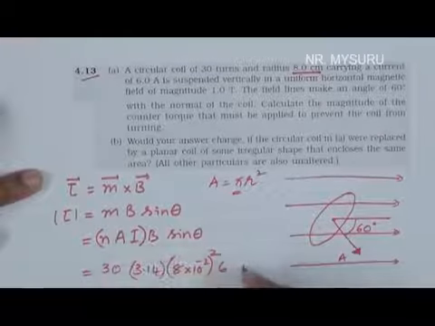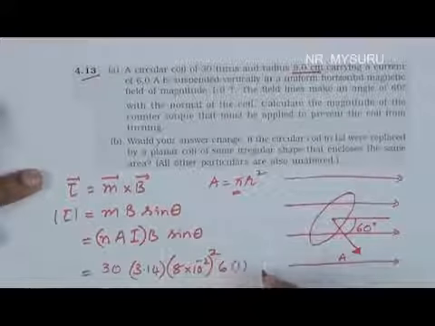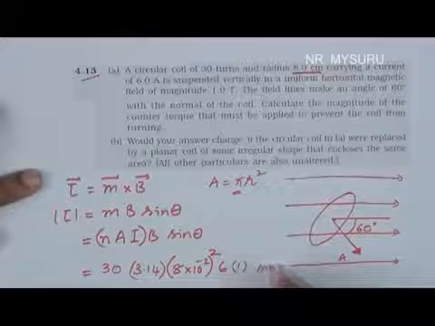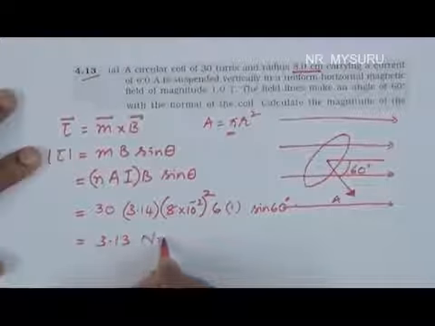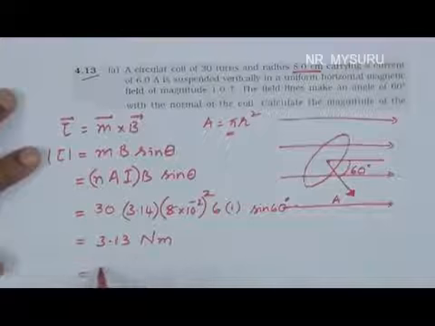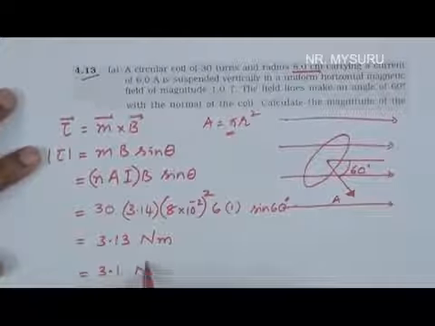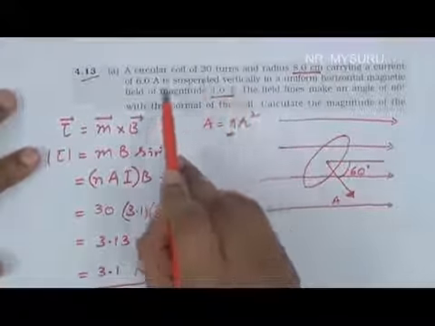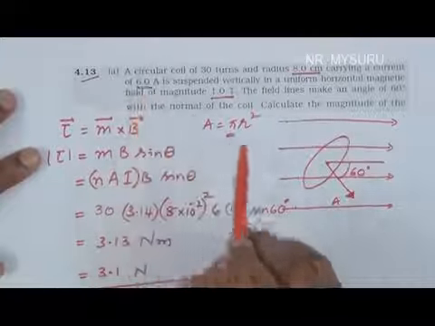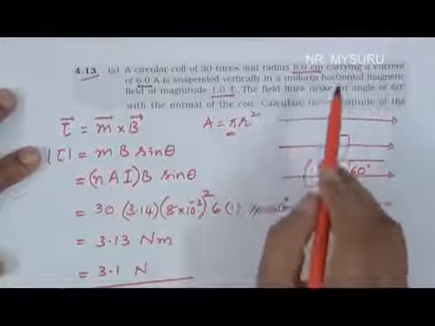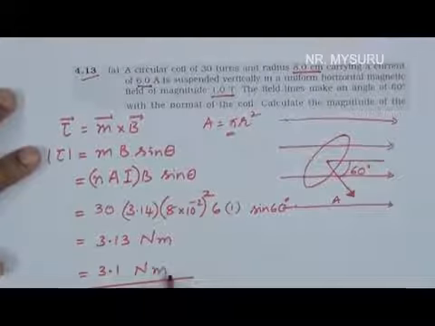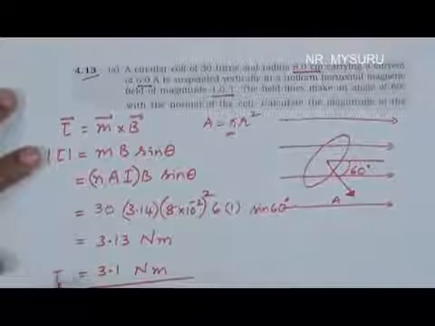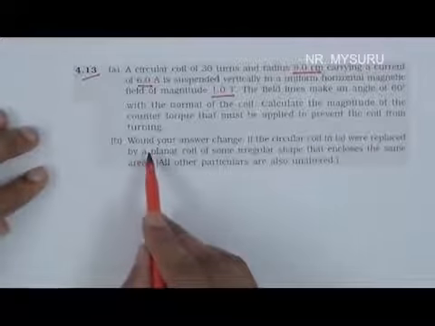Magnetic field is 1 Tesla into sin 60. This comes to 3.13 Newton meter, therefore 3.1 Newton meter. This is the torque.